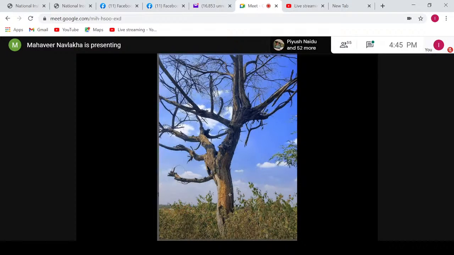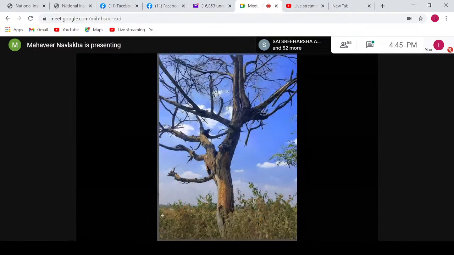Because here, the way it's composed, there's a lot of weight on the left, and there's not much weight on the right. Visual weight. There's a lot of really good elements, like the structure of the tree. I think this image would have been really nice if there was a visual balance to it.